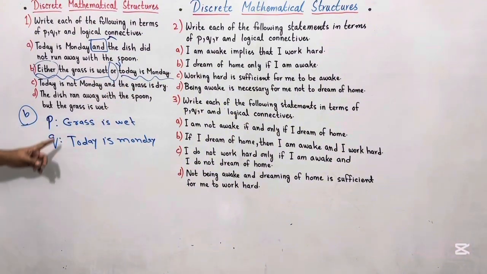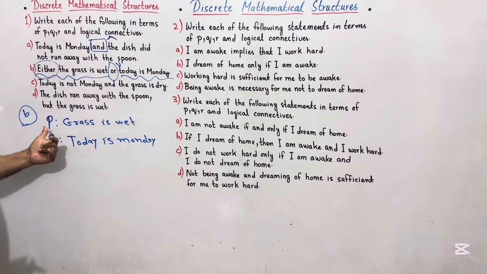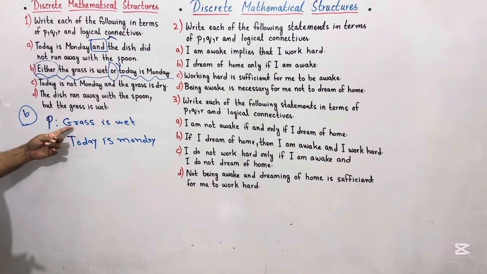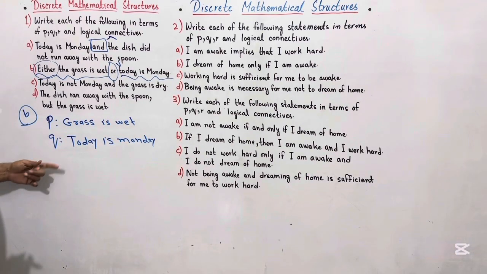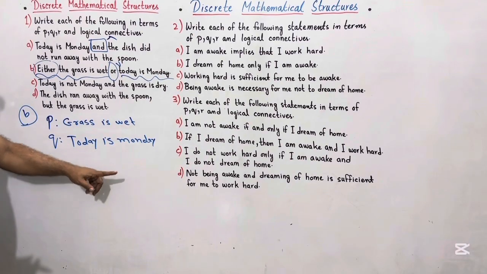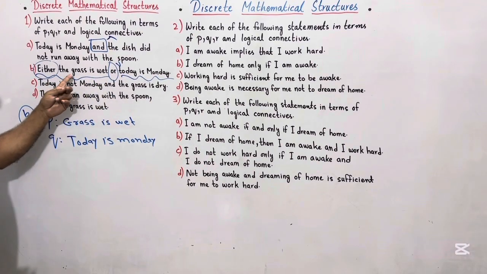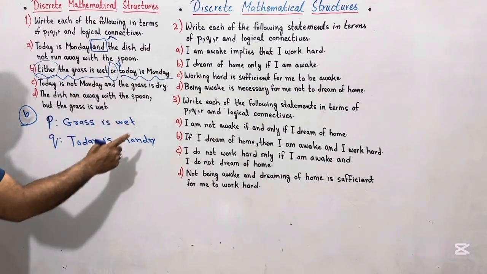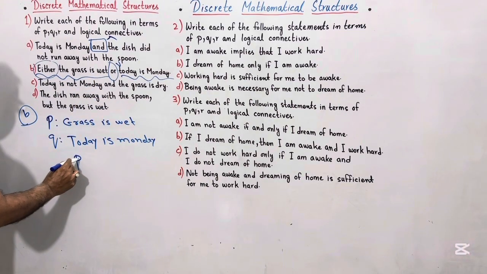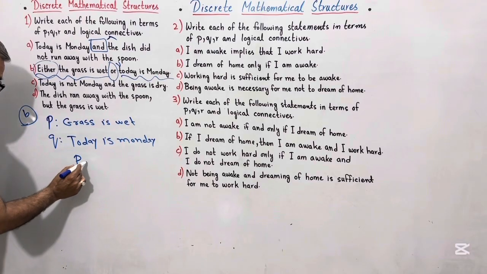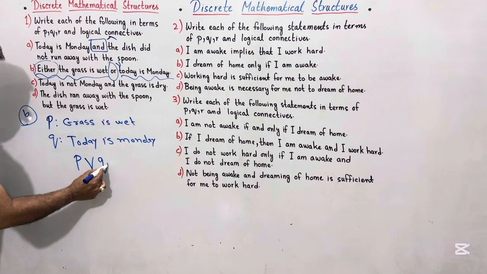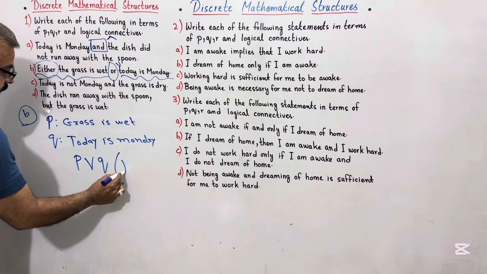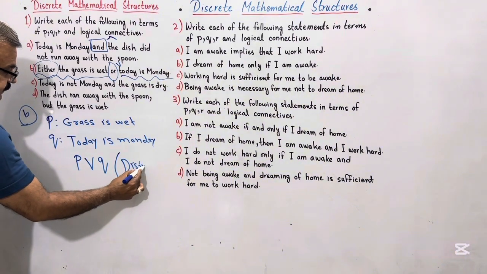We have assumed P is the grass is wet and Q is today is Monday. The grass is wet or today is Monday means P disjunction Q.